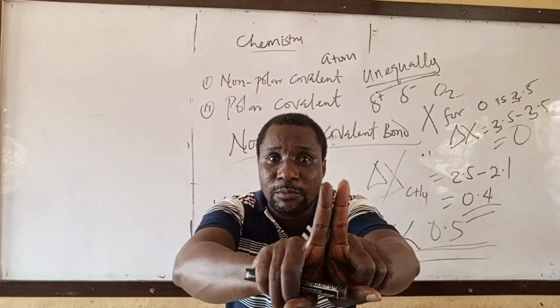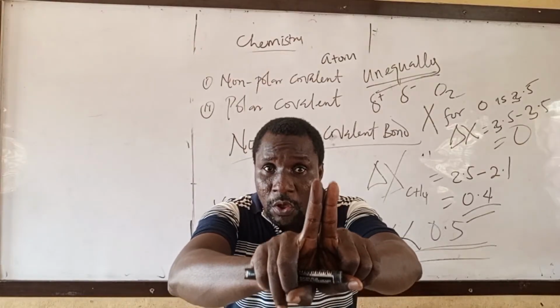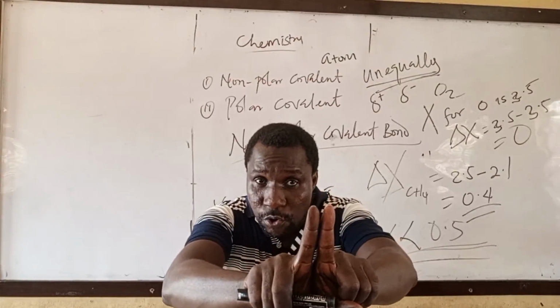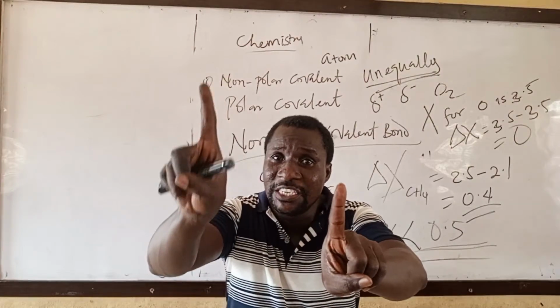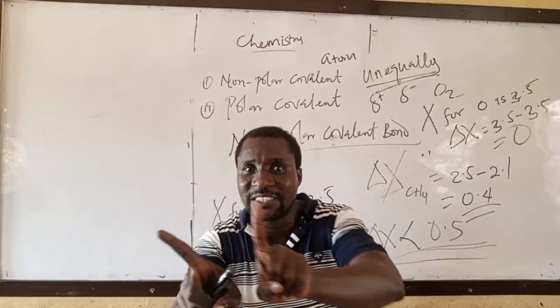Two non-metals come together to share electron. Instead of sharing the electron equally, because this one is more electronegative, it wants to pull all the electron towards itself.